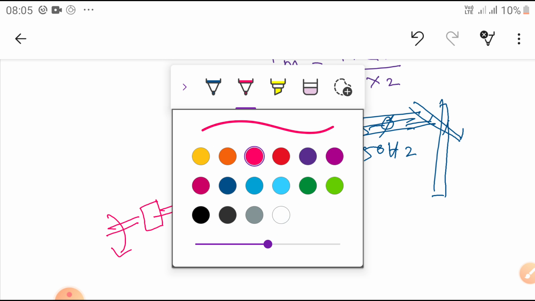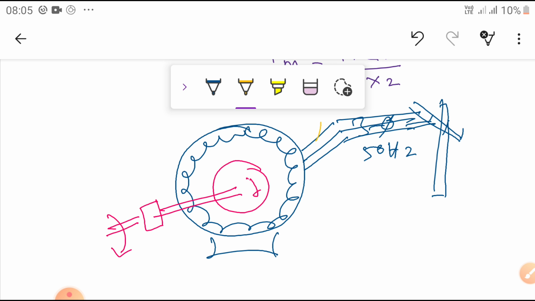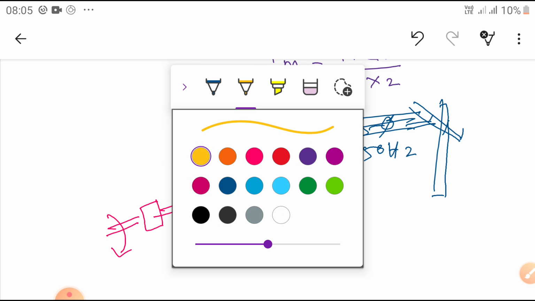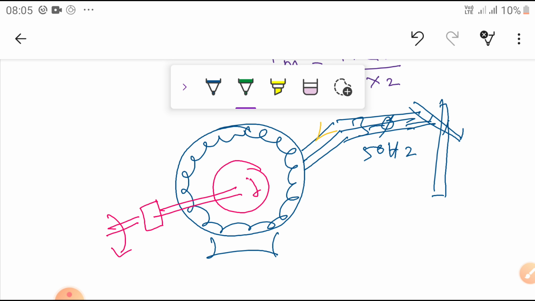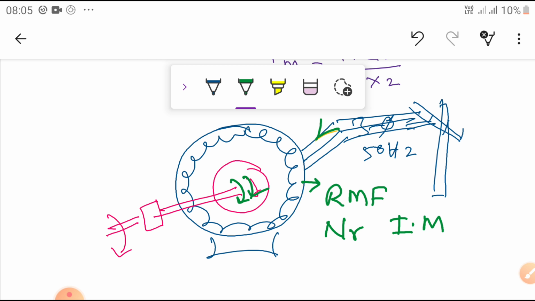Here the current which is taken from the supply develops its RMF, rotating magnetic field. It produces the torque and rotates at some speed, N R. Then it acts as an induction motor, because whatever power is developed from the stator to rotor flows through the induction principle in the form of magnetic field.